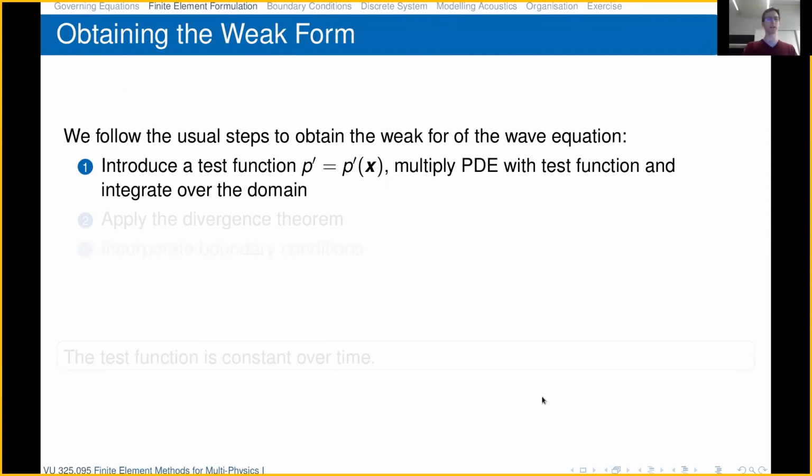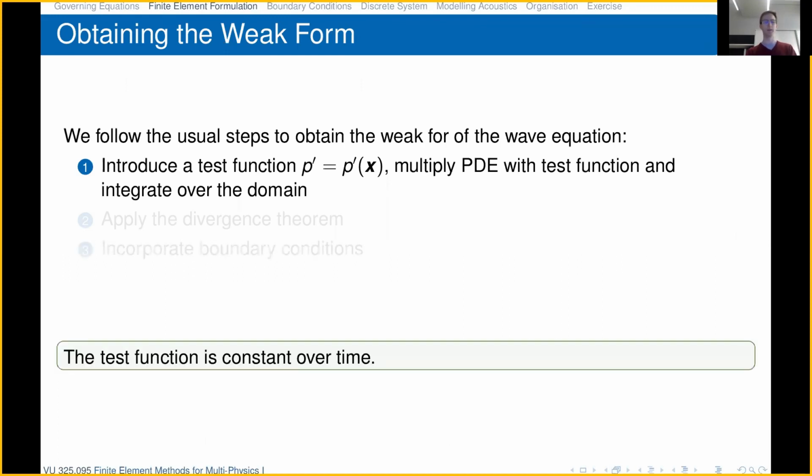Now our task is to obtain the finite element formulation. So we want to write down the weak form. And as usual, we introduce a test function, multiply it with the PDE, and integrate over the domain. The test function can be constant over time.